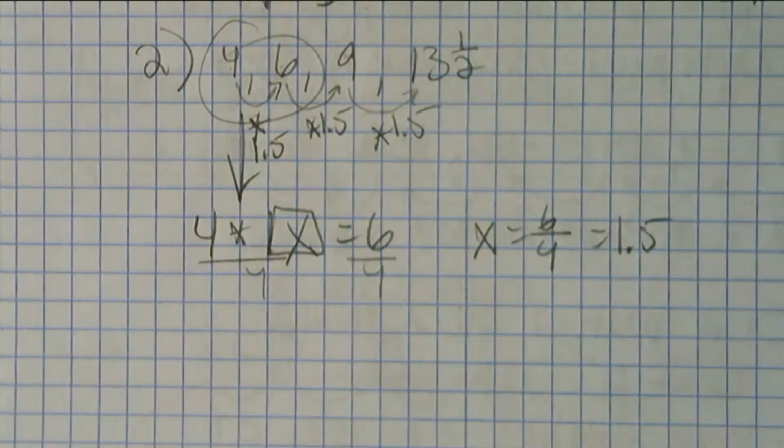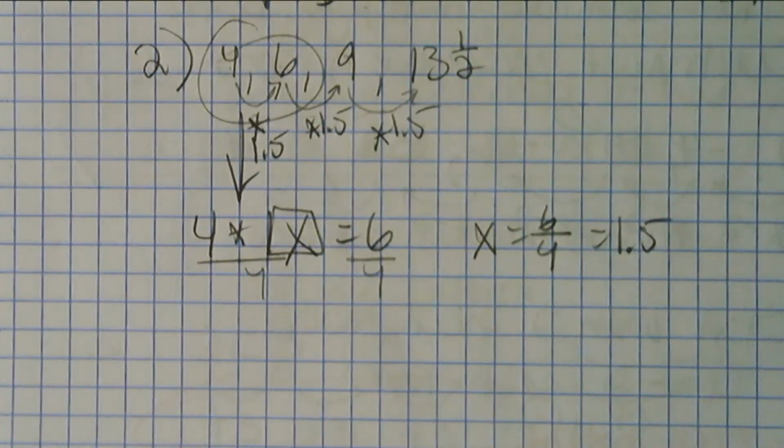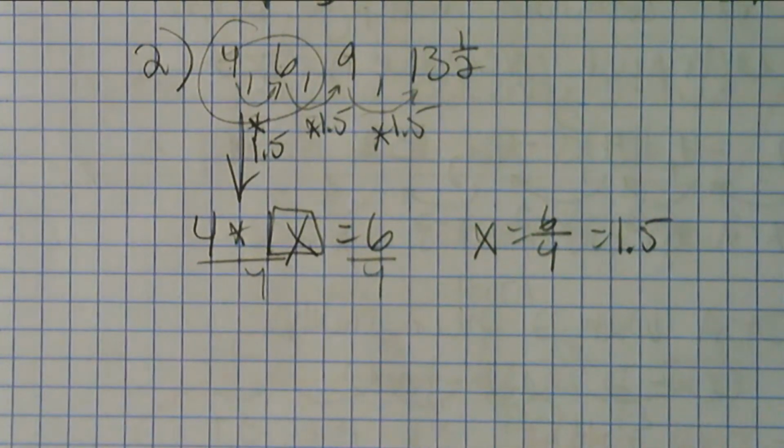So that is one way that you can figure out what I am multiplying that first one by to get my second. Well, just divide the second by the first. The moment you see there's a fraction going on is when you need to be like, okay, I'm multiplying by a fraction, or I'm adding a fraction, or I'm subtracting a fraction.